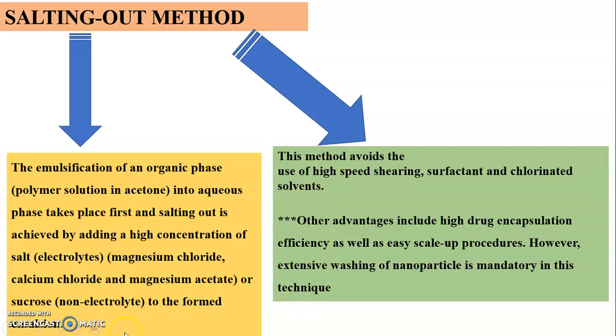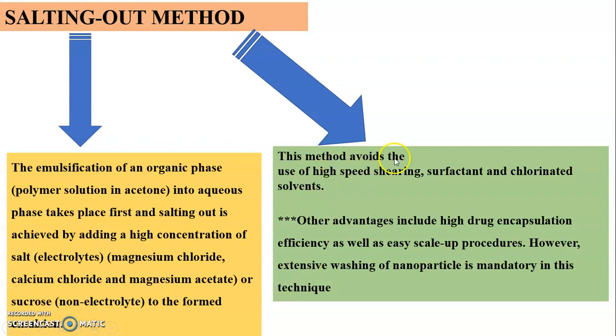Once the emulsion is formed, it is stirred or homogenized at a high speed, and there again the precipitation or the phase separation coacervation takes place.